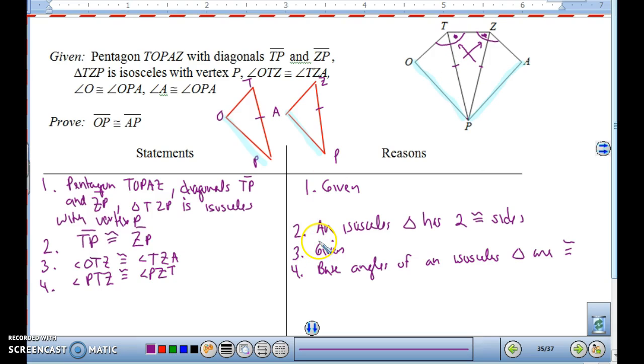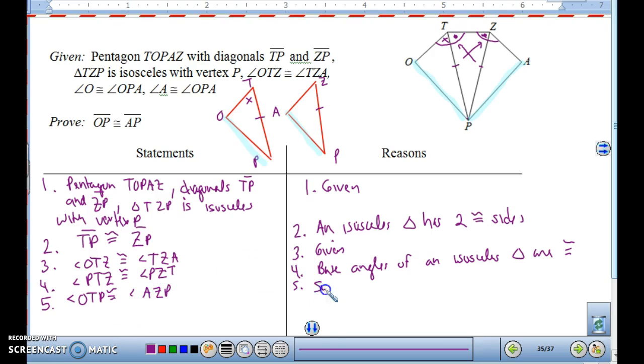Now can we subtract? Yes, we can. I can take step 3 and step 4. I'm going to take OTZ and subtract PTZ. If I take OTZ and subtract PTZ, I end up with OTP, which is this angle right here. And if I take TZA and subtract PZT, these two right here, I end up with angle AZP.